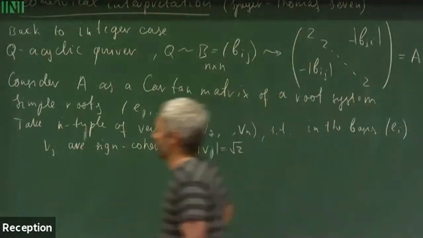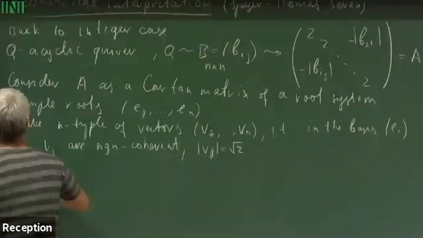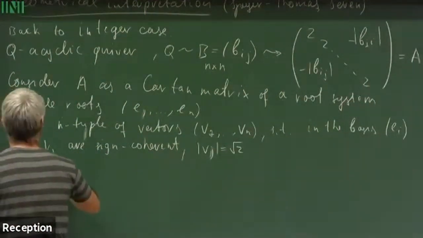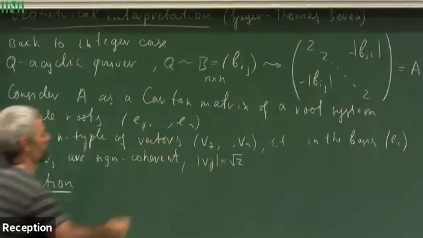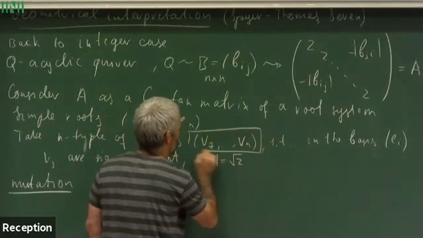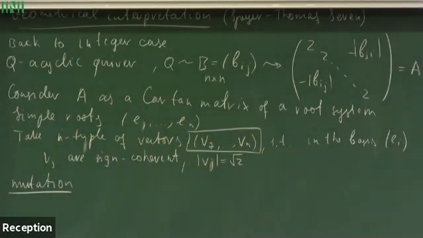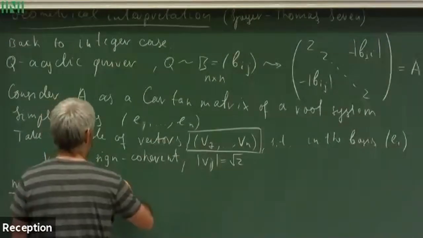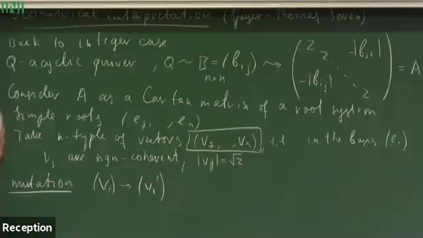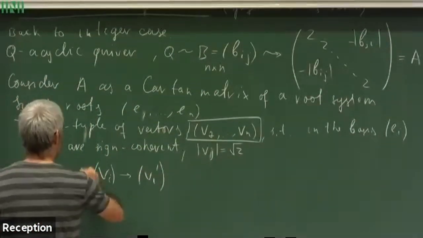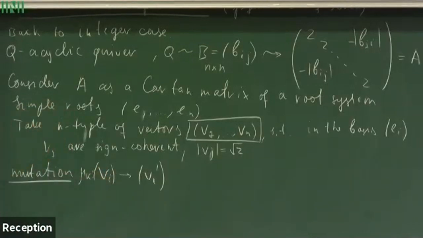And then I want to define mutation of such a collection of vectors. Let me write it μk.